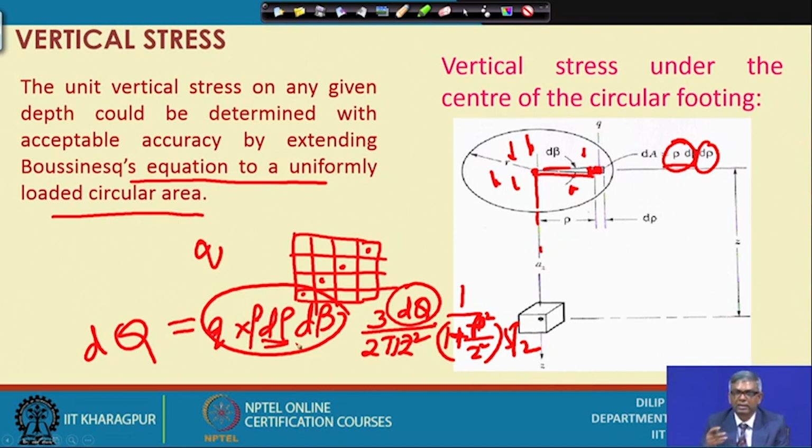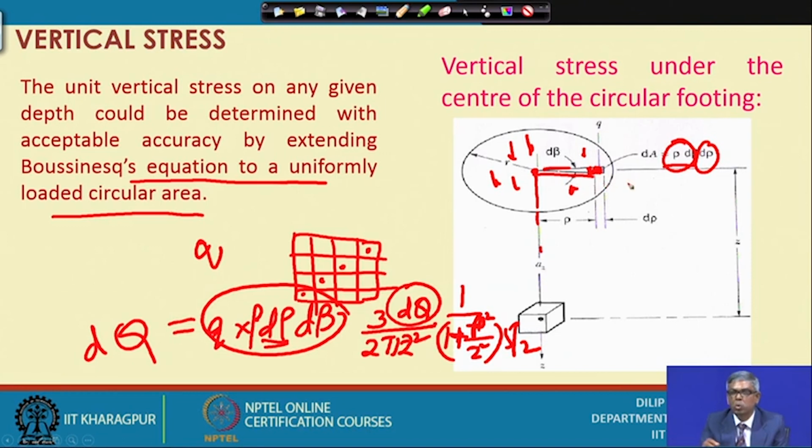So, that is variable. I can integrate for beta from 0 to 360 degrees. I have taken a small angle d beta, and that d beta can vary from 0 to 360 degrees.